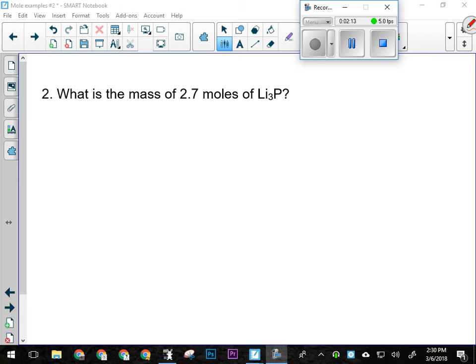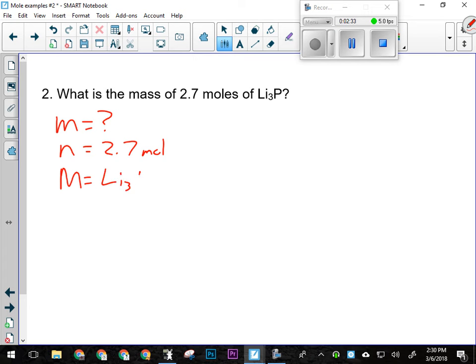For question number 2, we're being asked to find the mass, so we are looking for little m. We are told that we have 2.7 moles, so that's N, of lithium phosphide. For the molar mass, we've got Li3P.